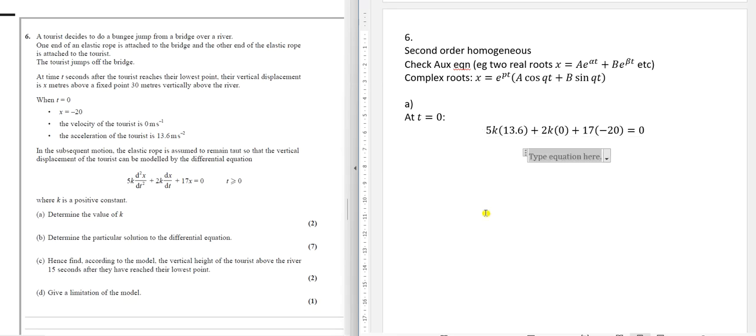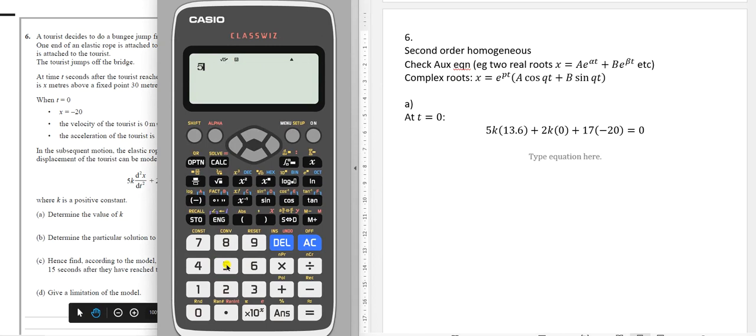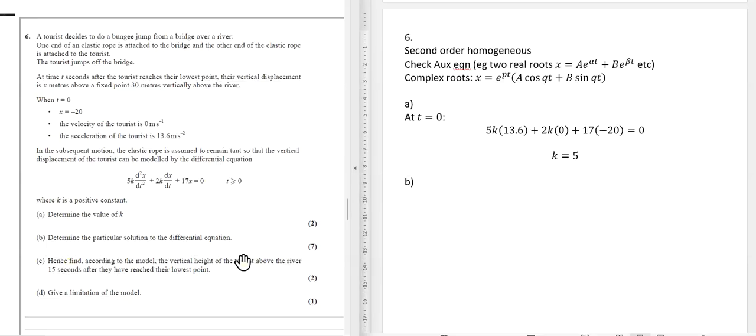We're told that equals 0. So this is actually quite a nice one to start with. Just a linear equation, 5 times 13.6 is 68. So we have 68k, and notice that 17 times 20 is also going to be a nice multiple of that. So if we divide 17 times 20 by 68, we get k. Not bad for 2 marks.